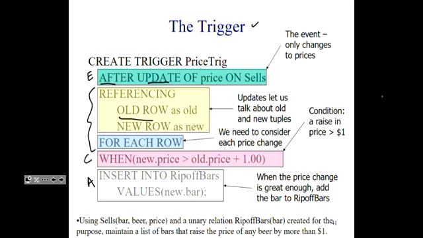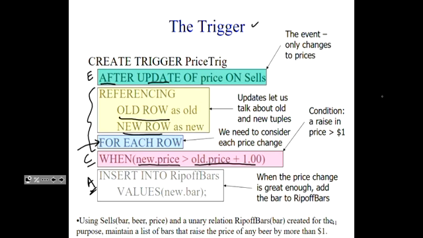Here you want to keep track of the old row and the new row, and you want to compare the two. And then this for each row allows you to operate at the row level as opposed to the statement level. So as opposed to operating on a set of tuples, you operate on each tuple one by one. The condition here was checking if the new price is greater than the old price by $1. If so, the action was to insert it into this new relation called ripoff bars.